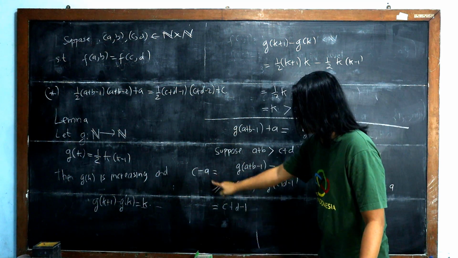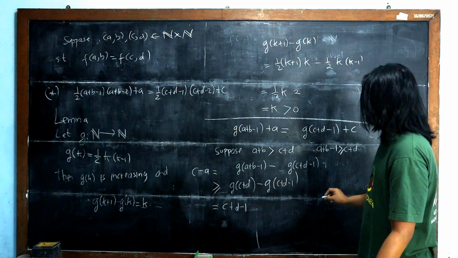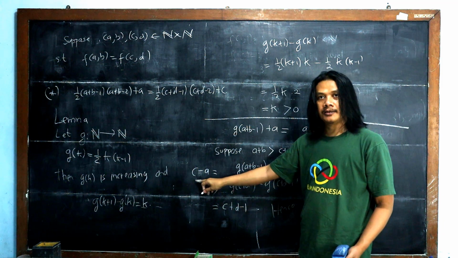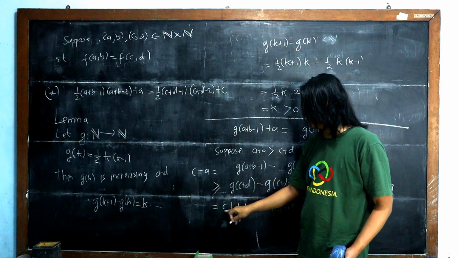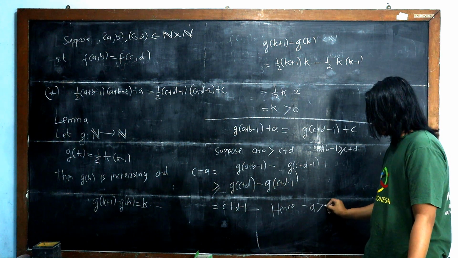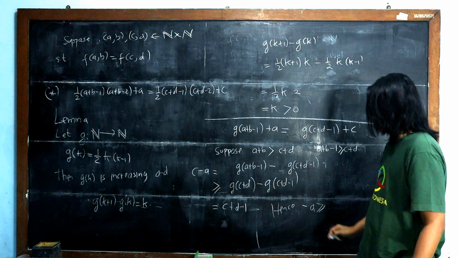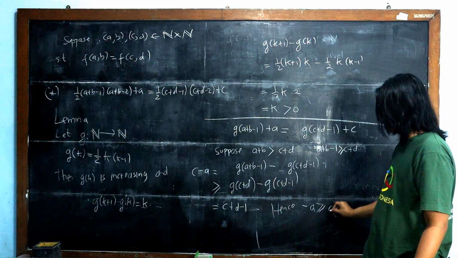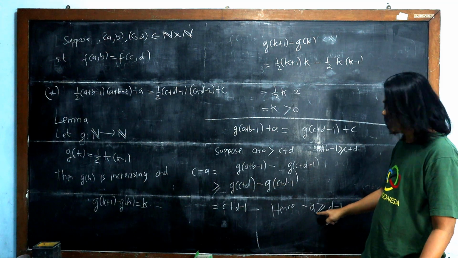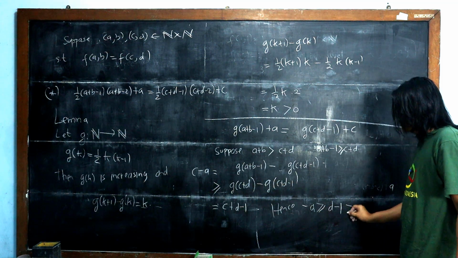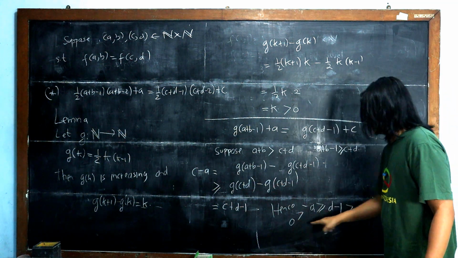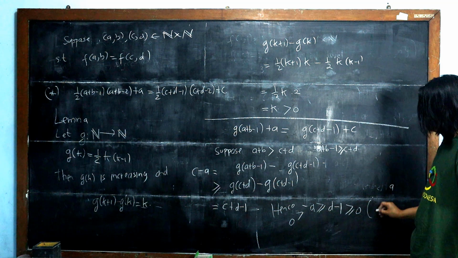So from the inequality that c minus a is greater or equal to c plus d minus 1, we have minus a is greater or equal to d minus 1. Okay? And this is a negative number, and d minus 1 is always non-negative. So then 0 is bigger than 0, which is a contradiction.